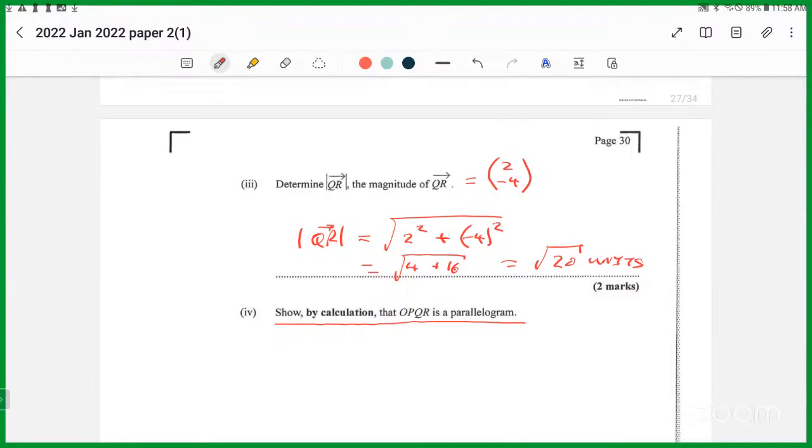Every time CSEC asks you to prove a parallelogram, that's what you do: show that the opposite sides of that quadrilateral are equal vectors.